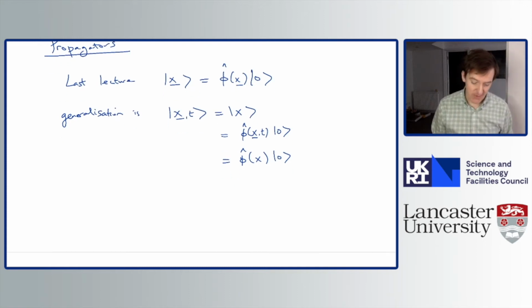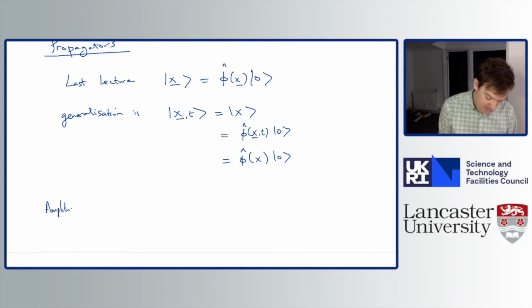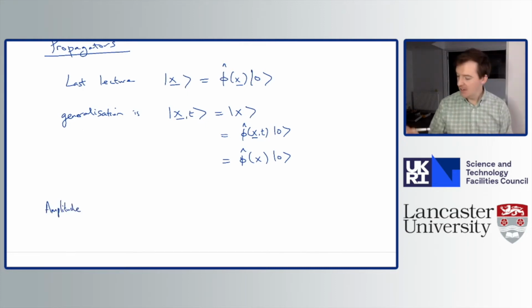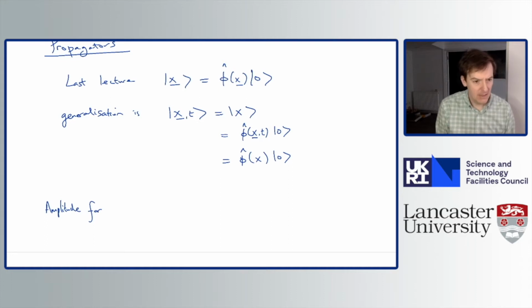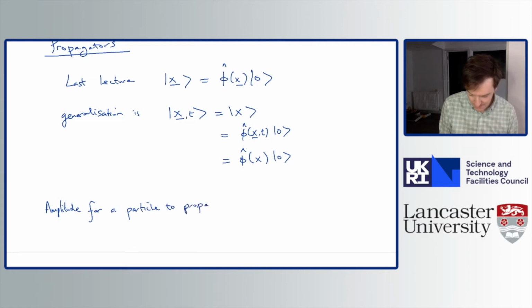Next we want to think about a particle going from one space-time point to another. The way we describe this in quantum mechanics is using amplitudes. Because these are quantum mechanical objects, they don't follow definite trajectories, but we can work out the amplitude that if a particle starts at one point, we'll find it at another point. So let's think about the amplitude for a particle to propagate.